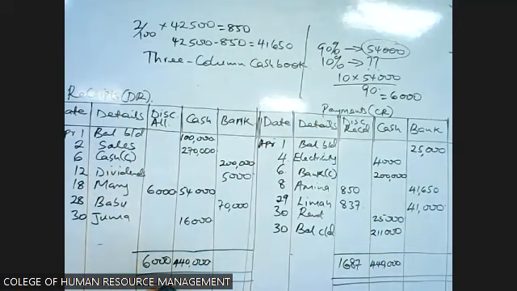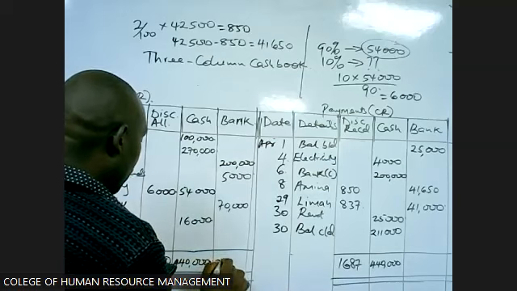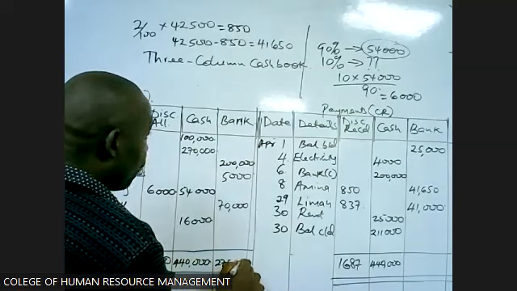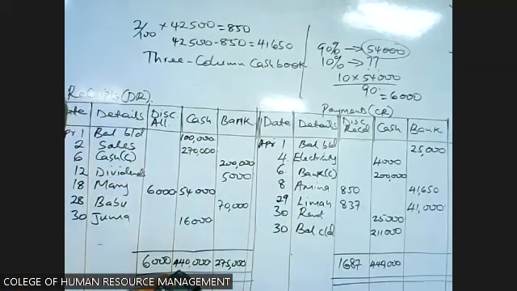For the bank, we had 200,000 received plus 5,000 plus 70,000. We have received a total of 275,000. On the payment side, 25,000 plus 41,650 plus 41,000.